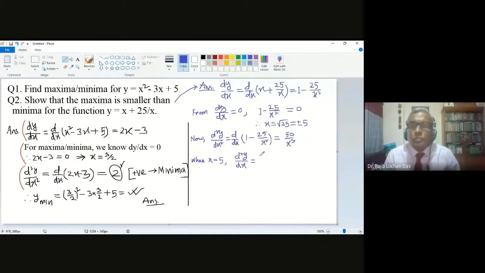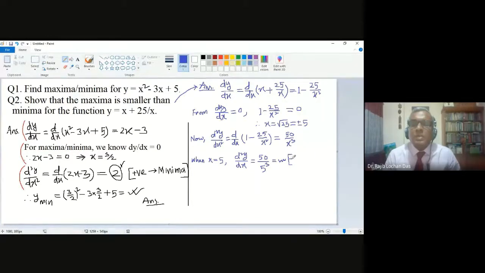In this case, you put the x value equal to 5. So x value 5 means 50 by 5 cube, which will be some number. What is the value? That is not our headache, it does not matter. The point is, it is a positive number.